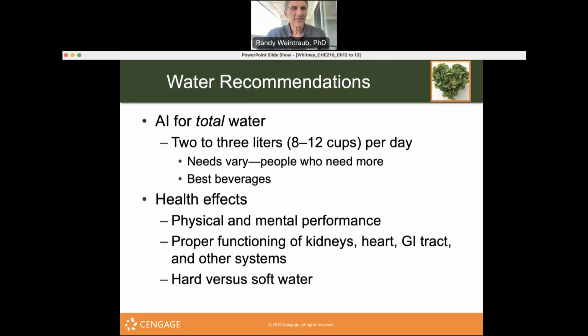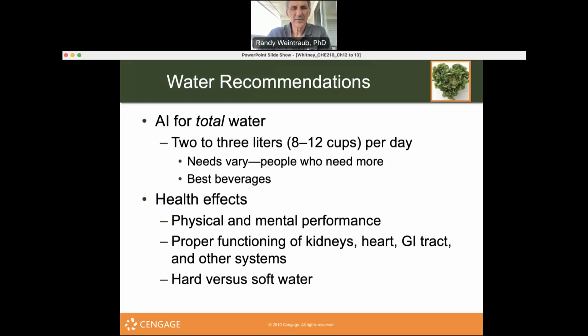Health effects of maintaining the proper intake of water: physical and mental performance, proper functioning, flushing of waste out of the body, blood volume, GI tract functioning. Hard versus soft water, just a comment there.